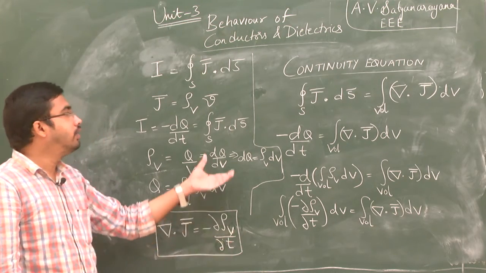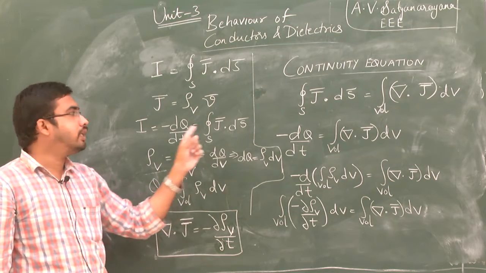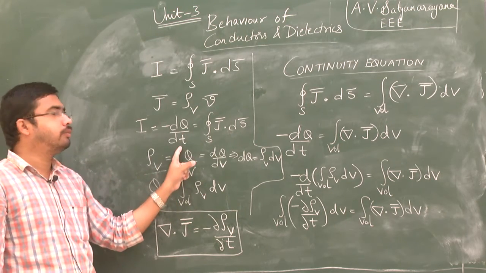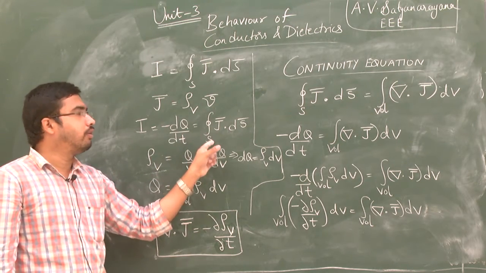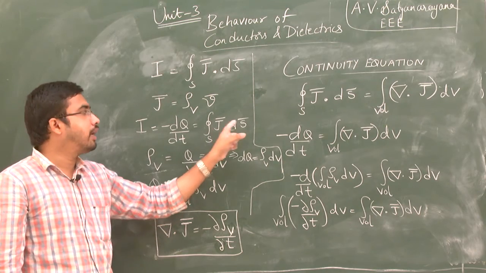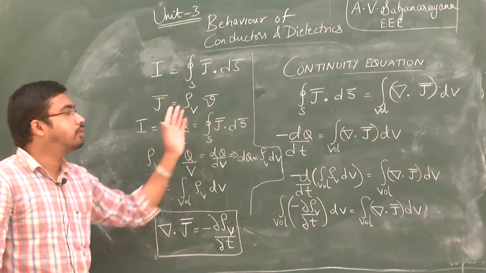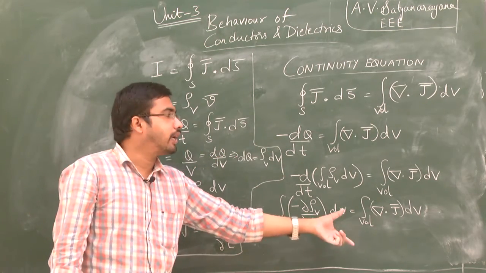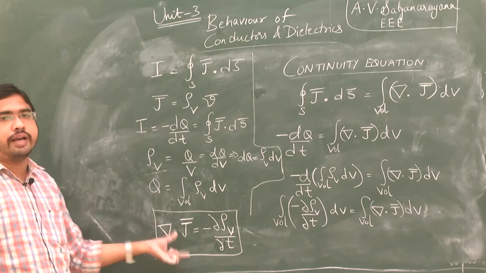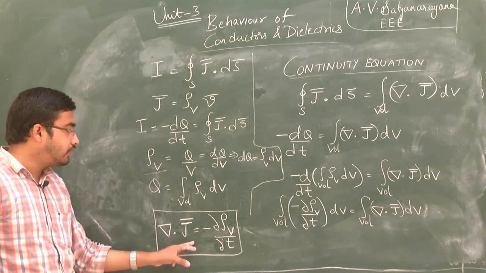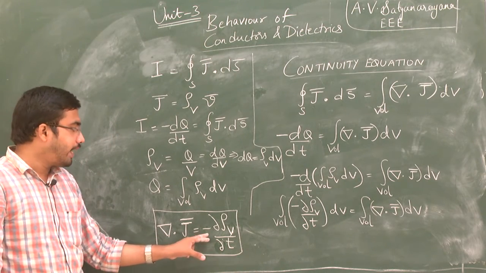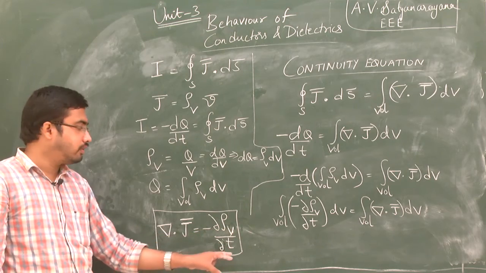The continuity equation in integral form is I equal to minus dq by dt, that is equal to the closed surface integral of j bar dot ds bar. And on further derivation we can obtain the continuity equation in point form, that is del dot j bar is equal to minus dou rho v by dou t.